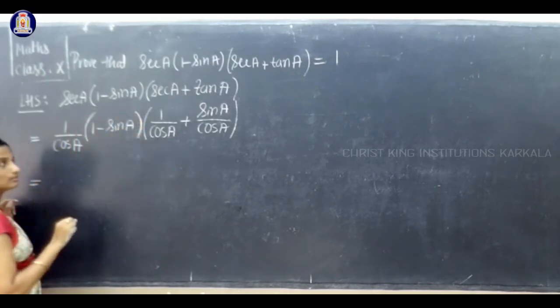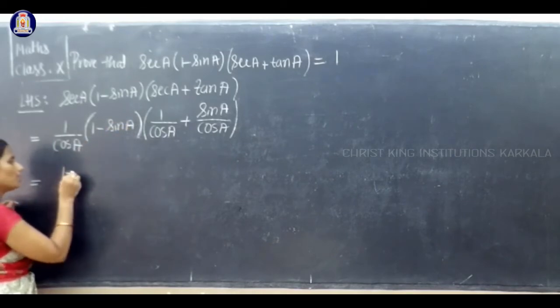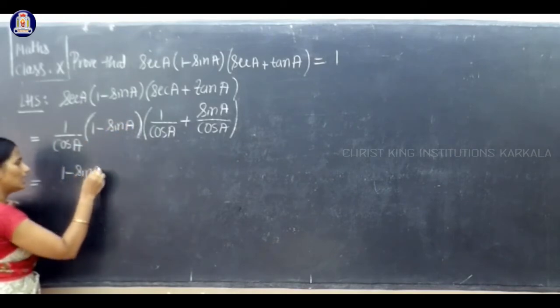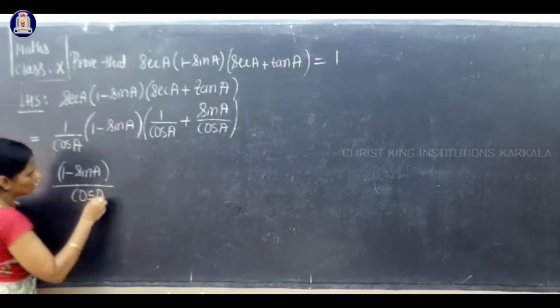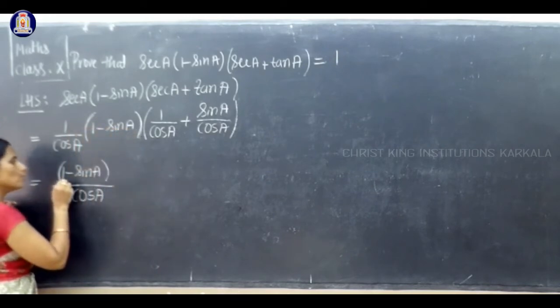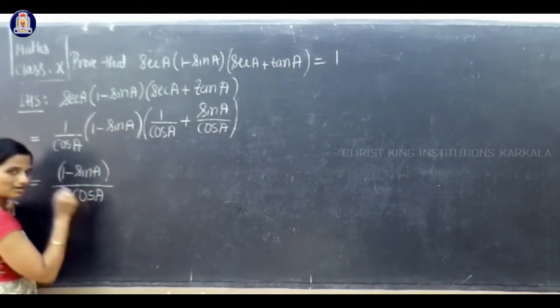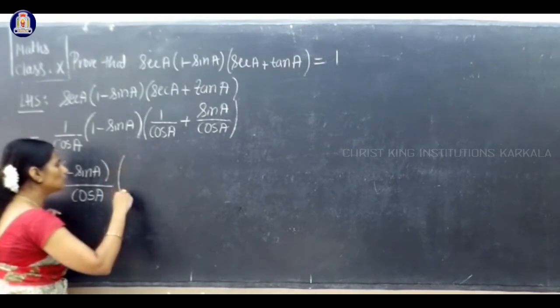Everything is multiplication. 1 into first bracket is the same, that is 1 minus sin A divided by cos A, right? 1 into 1 minus sin A means it is 1 minus sin A divided by cos A into, now this one. How to simplify this?